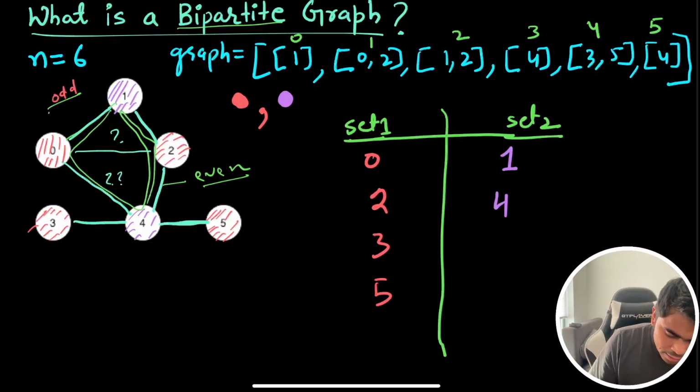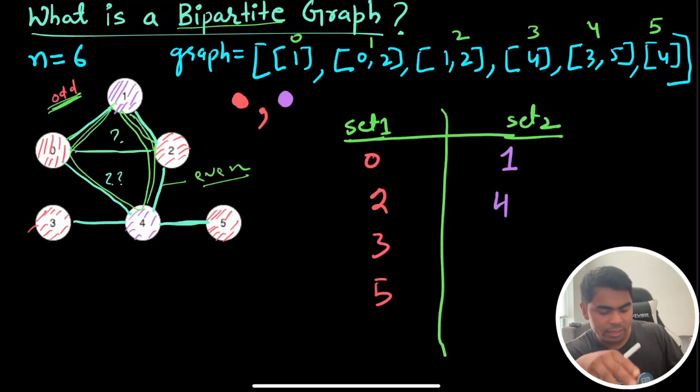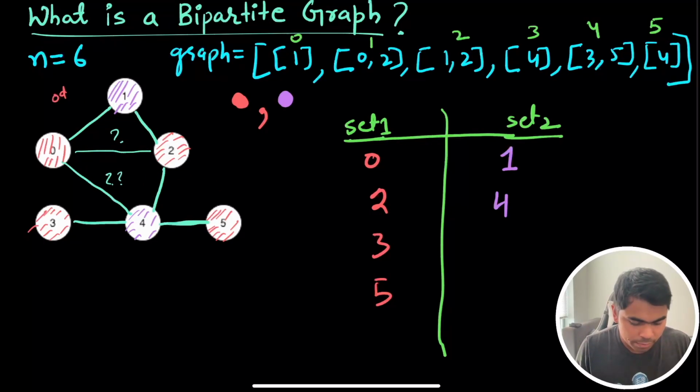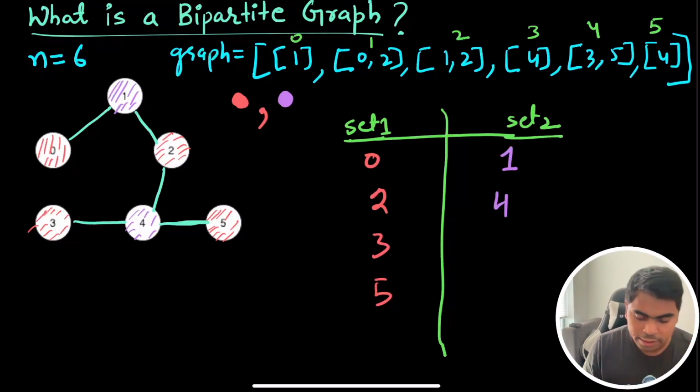But whenever there is a cycle, and in the cycle there is an odd number of nodes, then you will always end up in a situation where you are assigning 2 same colors to the same set. So that will not be possible, because 2 neighboring nodes cannot have the same color, because that will violate the definition of the bipartite graph.